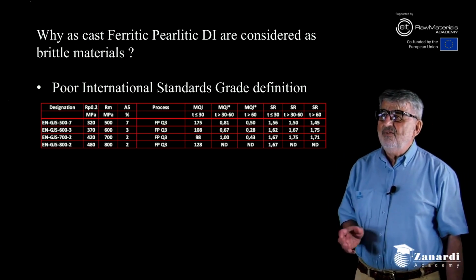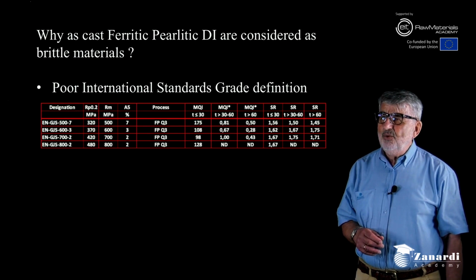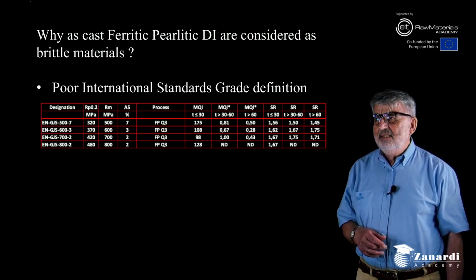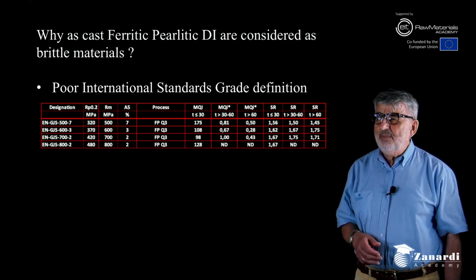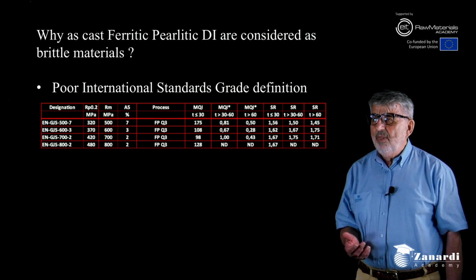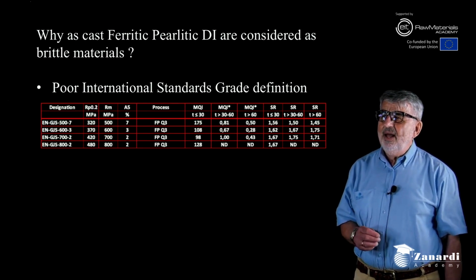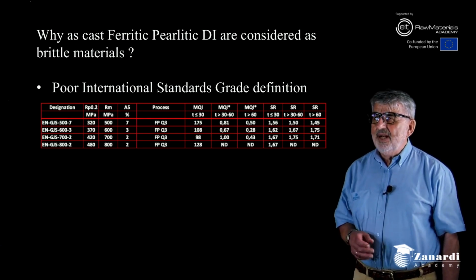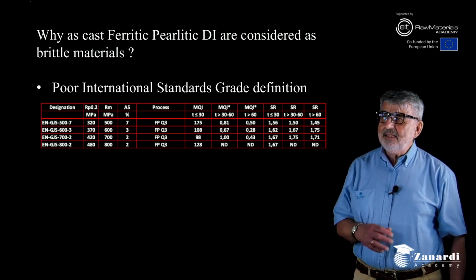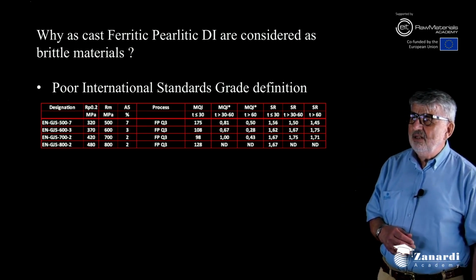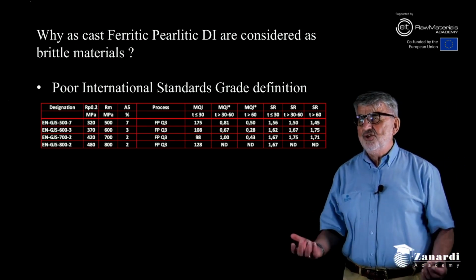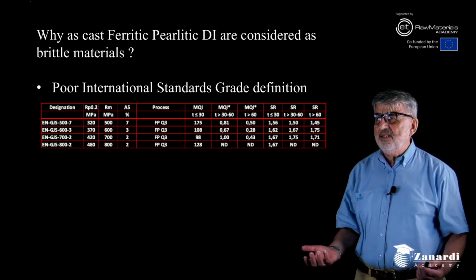And so, because of the inverse relationship between strength and elongation, the standard makes a definition that is based on the minimum hardness, where we have the minimum strength, and the maximum hardness, where we have the maximum elongation, in a large range of wall thicknesses.